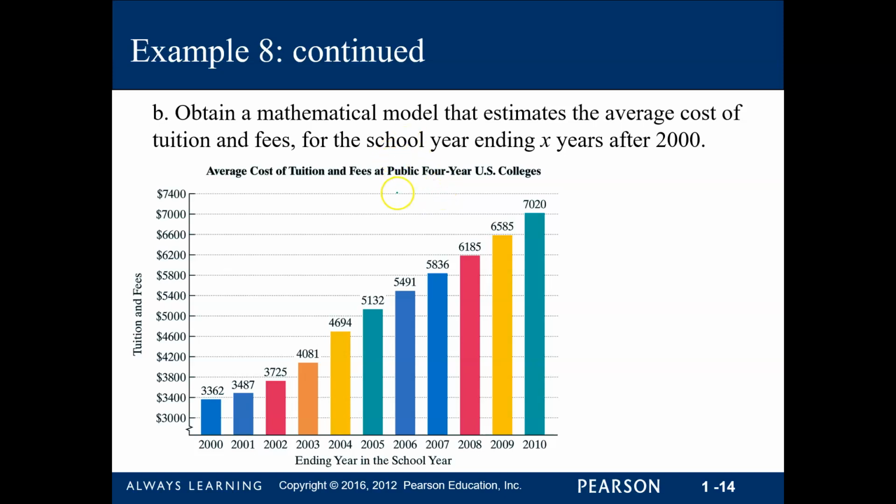Now, when we have that estimated yearly increase, we can make a prediction for future years if we're going to look at the data. So how will our mathematical model, how will our formula look like if we want to predict the value of the tuition fee in any year?